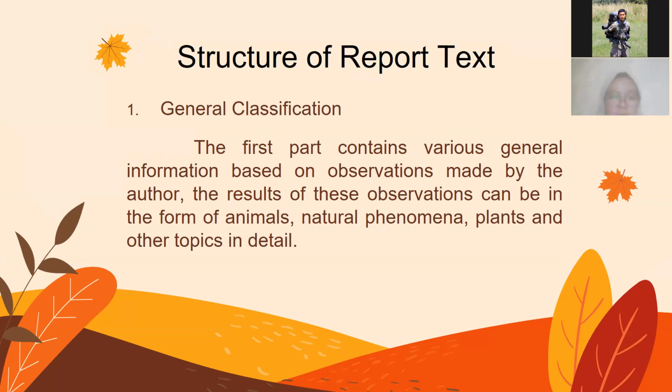Jadi general classification ini merupakan bagian pertama yang berisi mengenai beragam informasi umum berdasarkan hasil pengamatan yang telah dilakukan oleh penulisnya. Dan hasil pengamatan tersebut bisa berupa hewan, fenomena alam, tumbuhan, maupun topik-topik lainnya secara mendetail, secara terperinci.